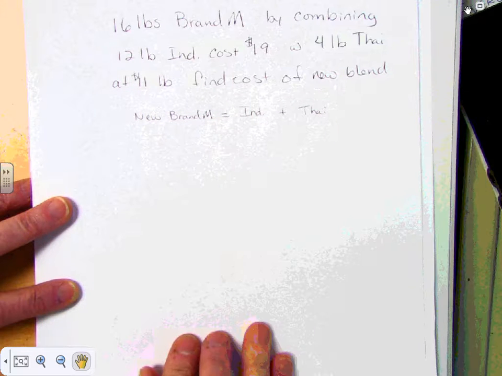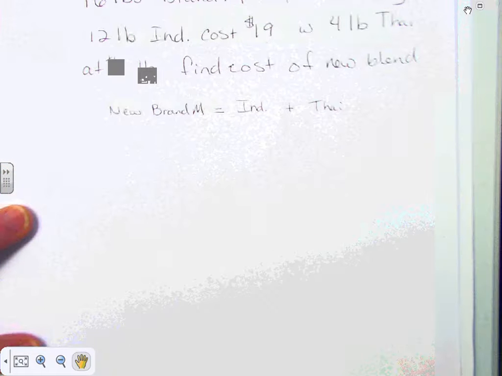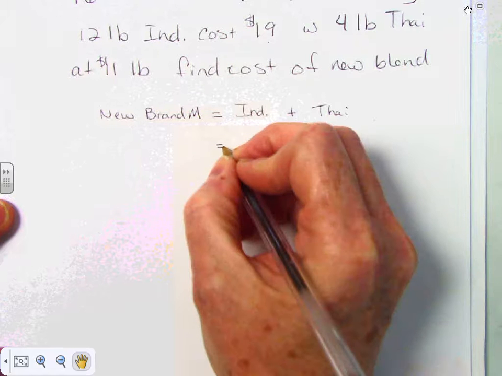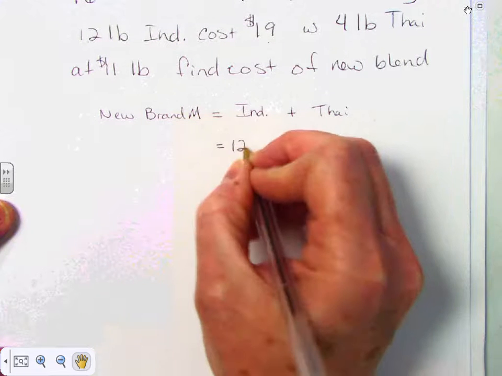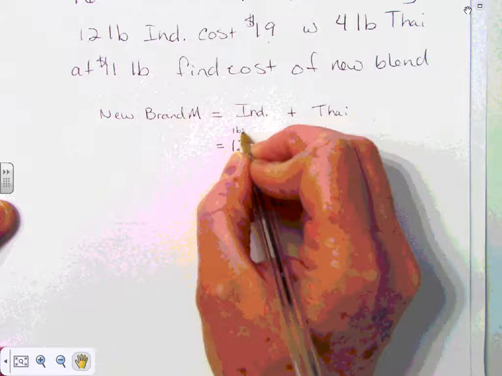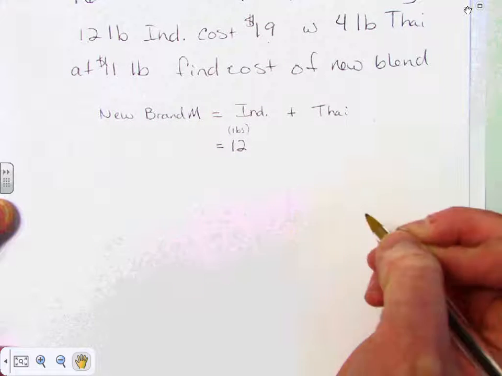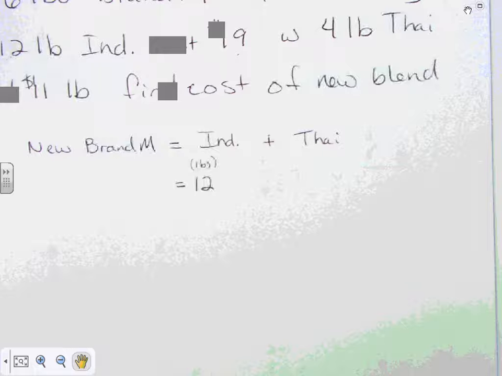Does that make sense word-wise? Now let's fill in what we know. The Indonesian cinnamon, I need 12 pounds of it. So there's the 12, and I'm putting a little LBS right there to remind me that the 12 is talking about pounds. You wouldn't have to do this in a normal story problem, but because it's notes, sometimes it's better to put a little too much information than not enough.